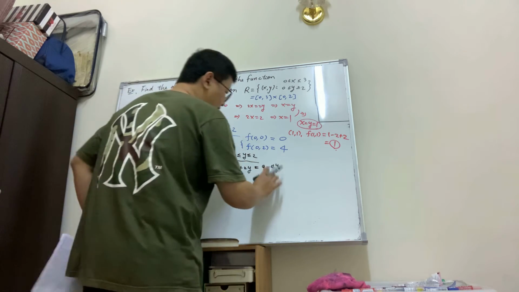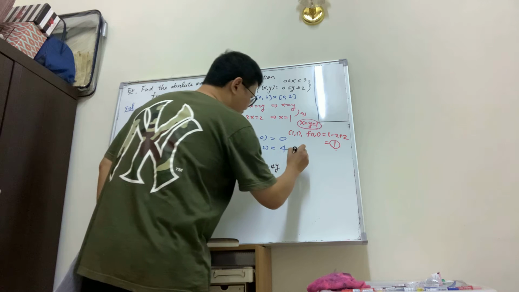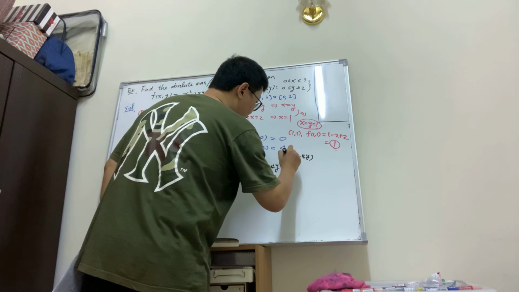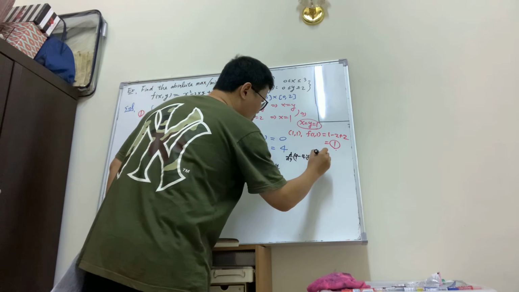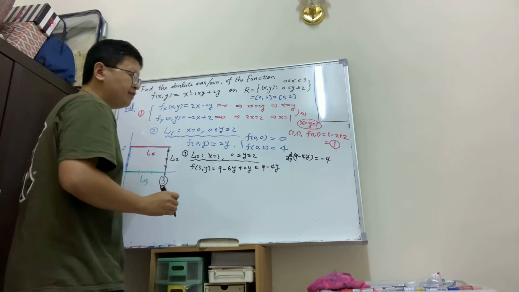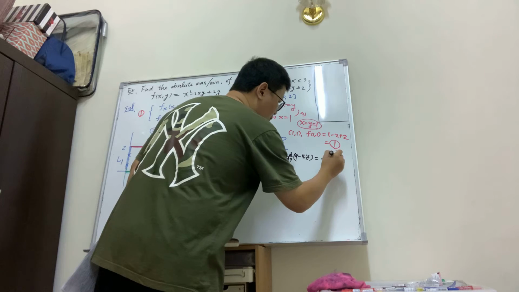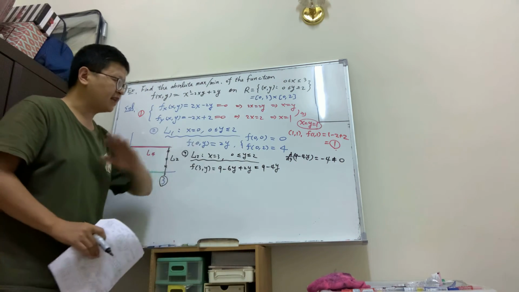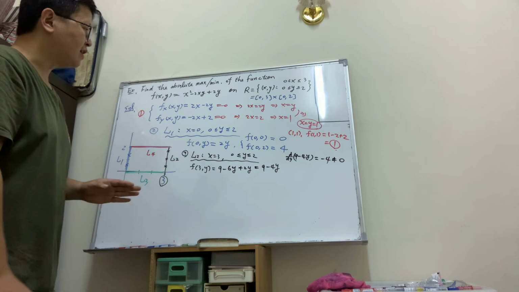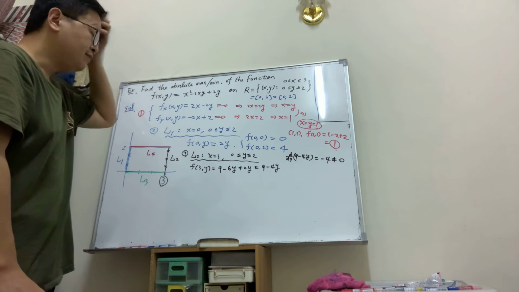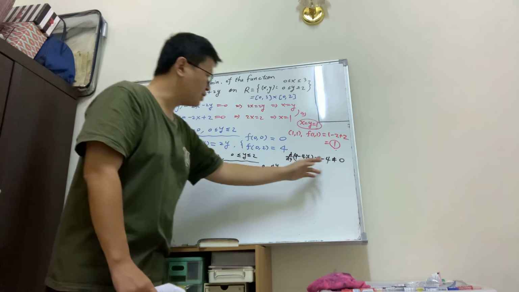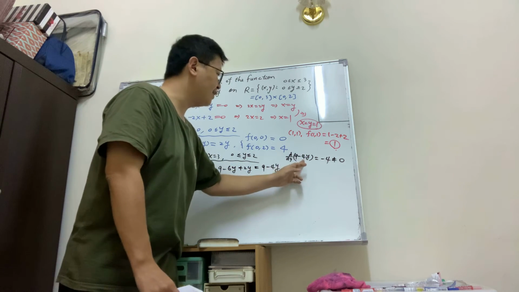In this case, its derivative, for 9 subtract 4y, is equal to -4. It means that it's always non-zero. So for this function, it doesn't have a critical number, because a critical number needs the derivative to be 0, but its derivative equals -4 for any y.